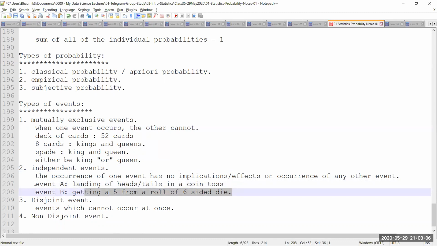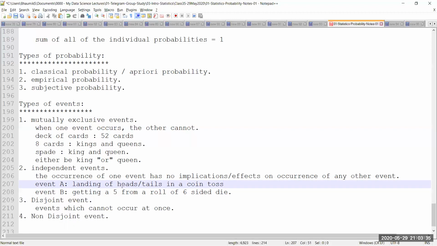These are two events which are independent of each other, not because they're happening or not happening at the same time. They're independent because the outcome that I am looking for does not affect the outcome that you are looking for. So you getting a head or a tail is not going to affect whether I'm going to get a 5 or a 3 or a 2. Oh, I see. So the outcome is not impacted. Exactly.